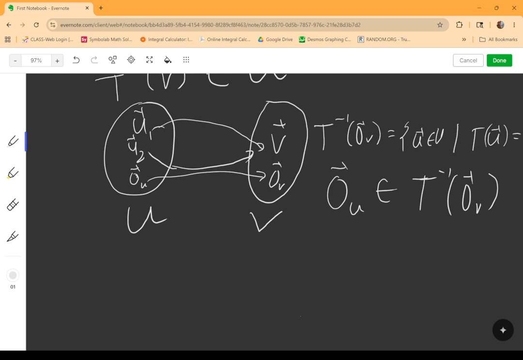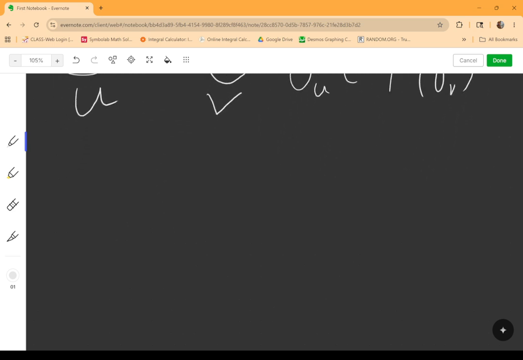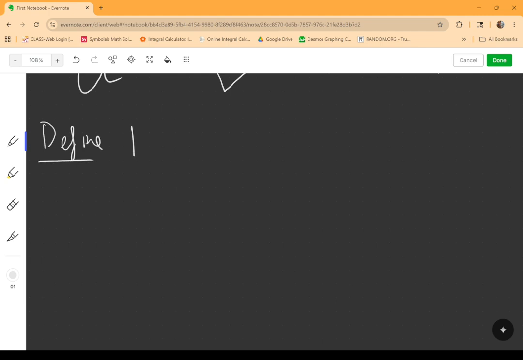Now this is all a setup into talking about what are called injective linear transformations. So we want to define an ILT, an injective linear transformation.